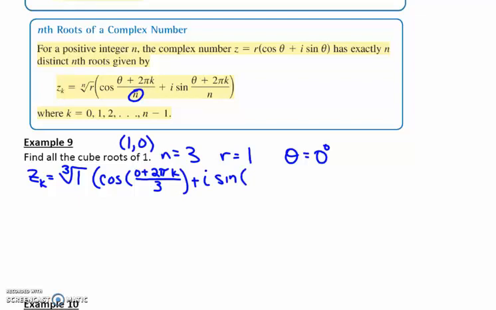Actually, that shouldn't be 0, that should be theta, theta plus 2 pi k over 3. And really, theta is 0, so that's going to make this problem a whole lot easier.